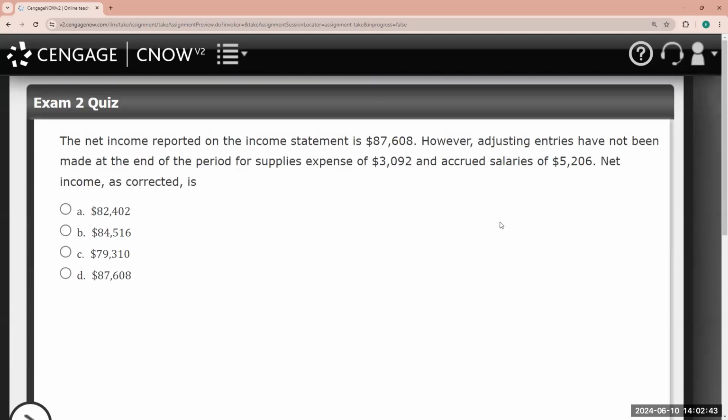So for this question, it asks, net income as corrected is. The net income reported on the income statement is $87,608. However, adjusting entries have not been made at the end of the period for supplies expense of $3,092 and accrued salaries of $5,206.